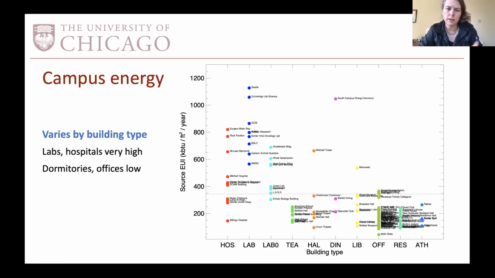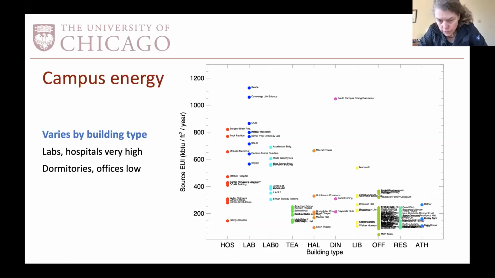So you can take this y-axis and convert it to watts per square meter if you want, and they're more comfortable with it. And what you see from this figure is there's a huge disparity across the buildings on campus, but that disparity correlates somehow to the type of building it is. So everything in red is a hospital. Everything in blue is one of the big biolabs. The stuff in light blue is a more physical science lab.